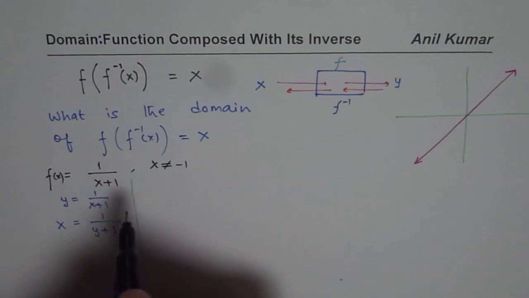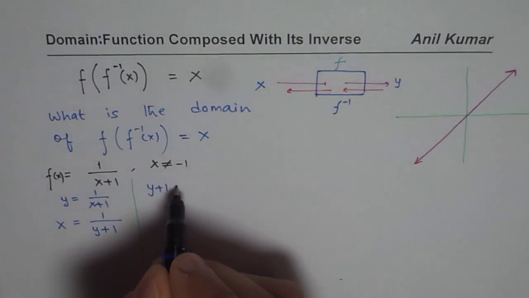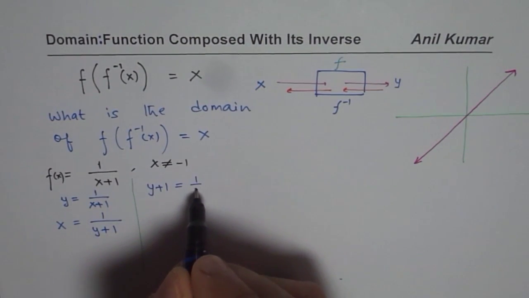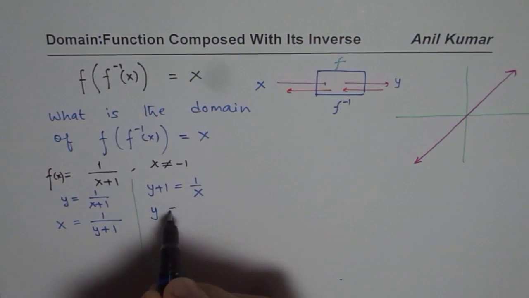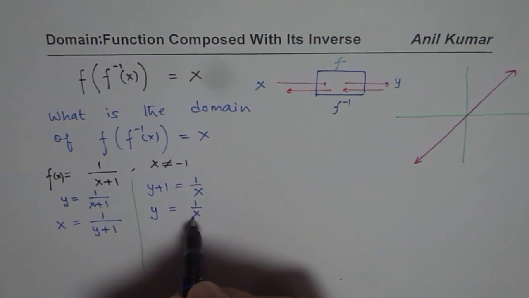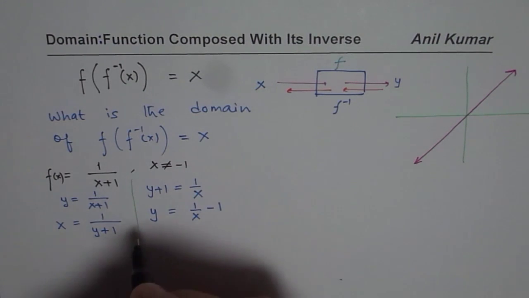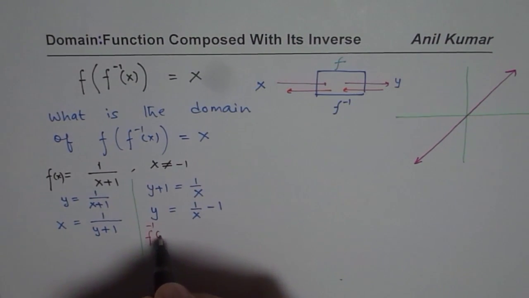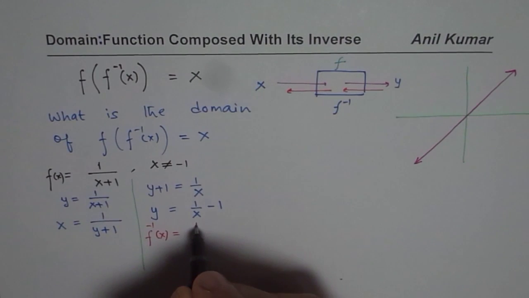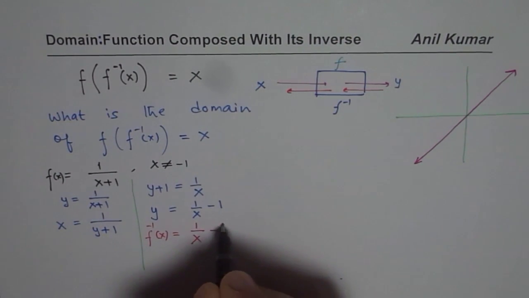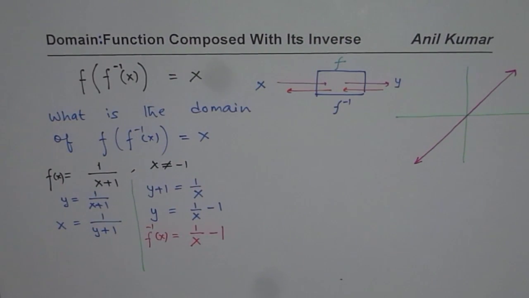So we'll have y plus 1 equals 1 over x, or y equals 1 over x minus 1, right? So that gives us the inverse of the function. Let me write down the inverse of this function as f inverse x equals 1 over x minus 1. So we have the inverse of the function now.